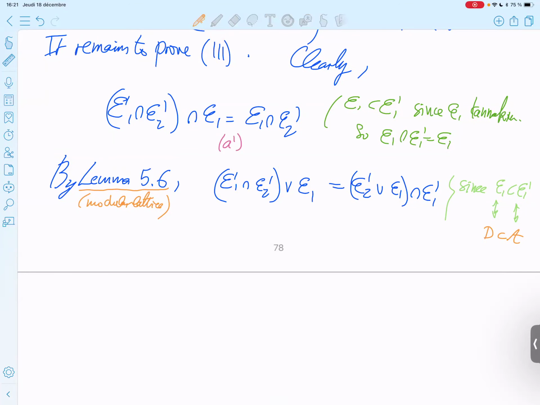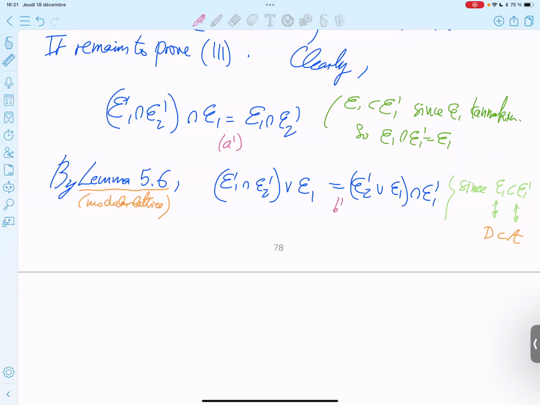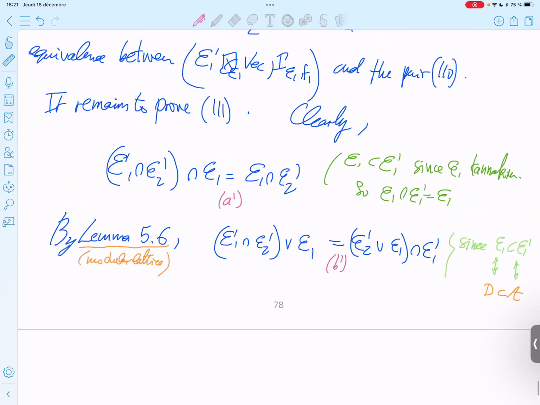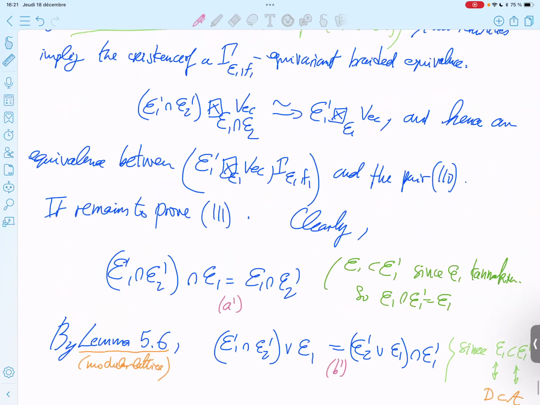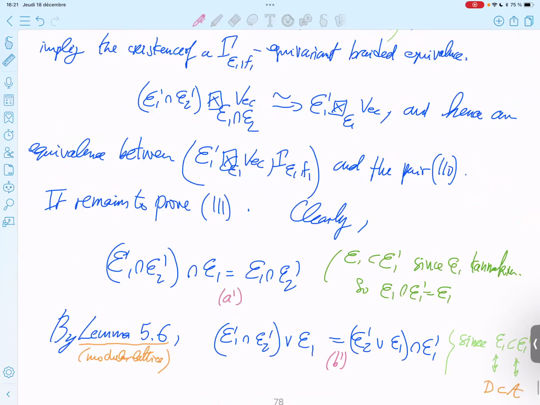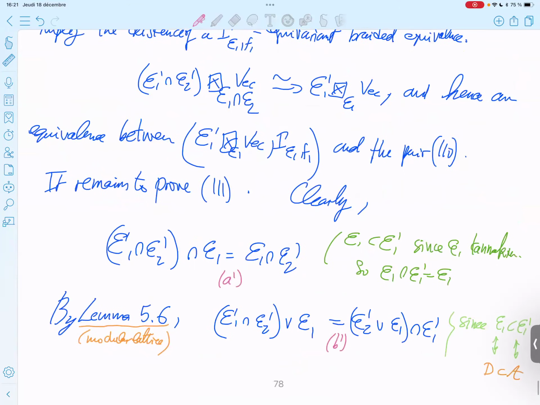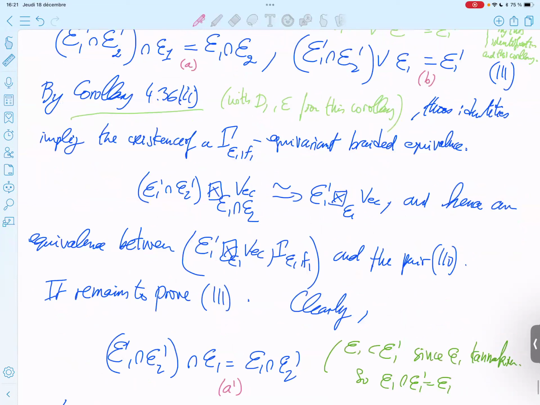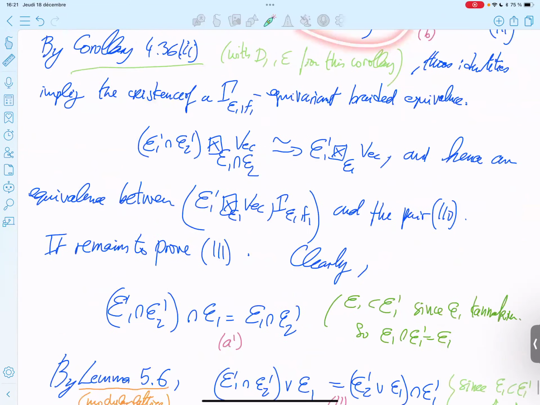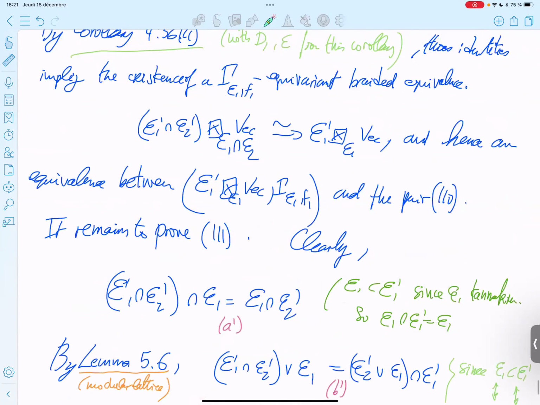This one is called B prime. So A prime is almost A, B prime is almost B. So we just need, yeah, in B prime you have that, which is that. So we need to show that this one equals this one.